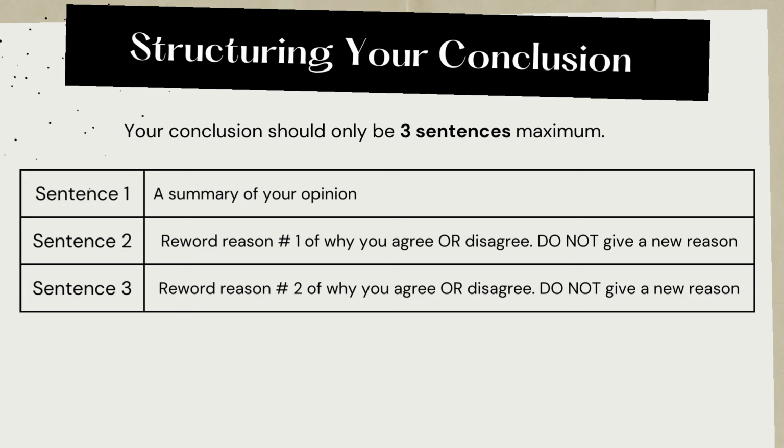Just reiterate what you said in body paragraph number 1 in different words. In sentence 3, you should reword reason number 2, which was your second body paragraph, of why you chose to agree or disagree. And once again, do not mention any new reasons. Just reword what you said throughout body paragraph 2.